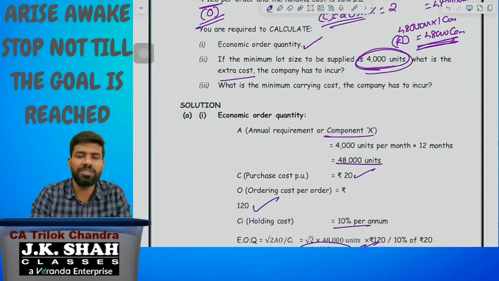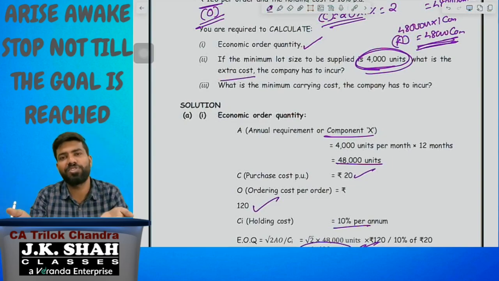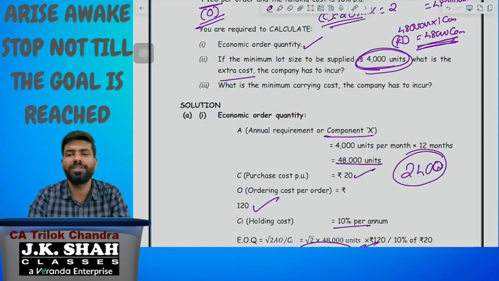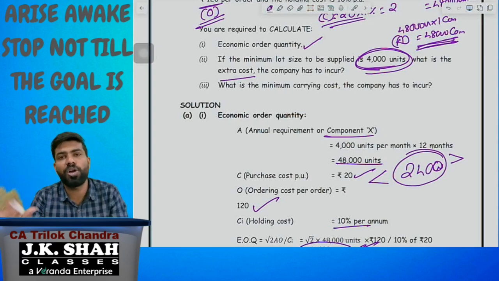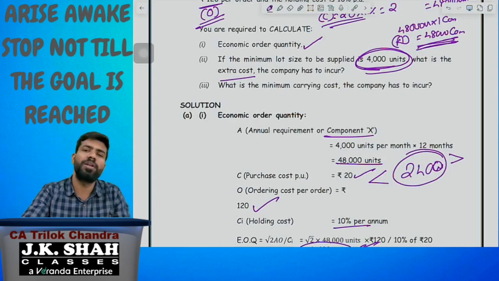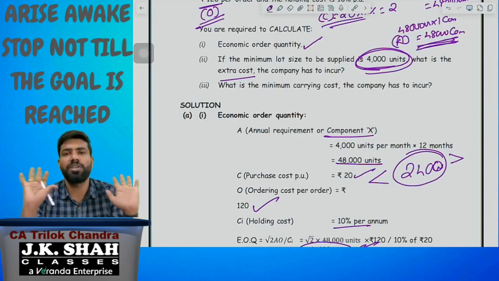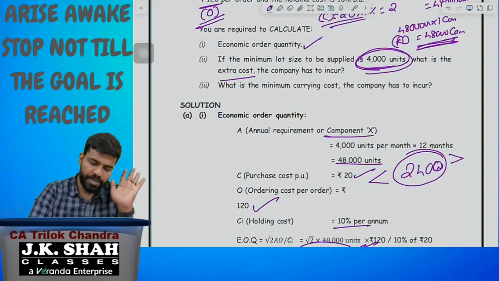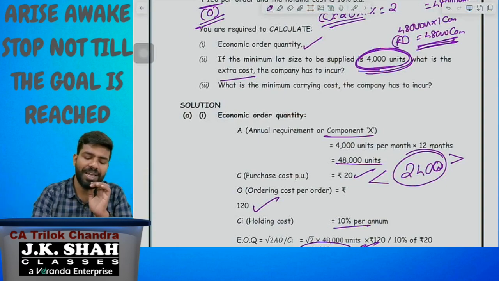What is the extra cost incurred? Definitely the management has to incur extra cost. The best quantity to place an order is 2,400. Less than 2,400 or greater than 2,400, both will result in extra cost. The best quantity is EOQ. Here they are planning to order 4,000 units. They are asking for the extra cost.